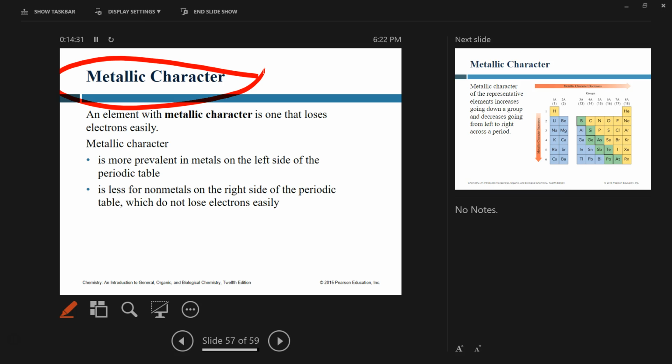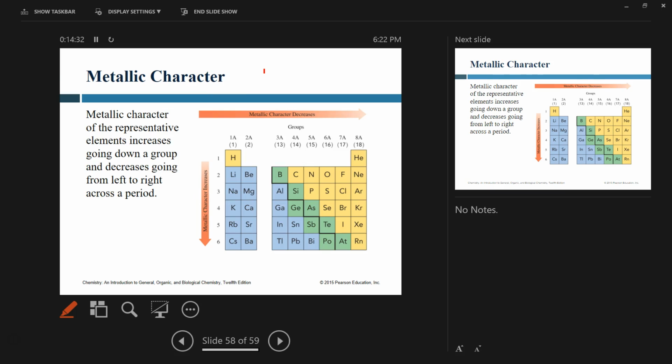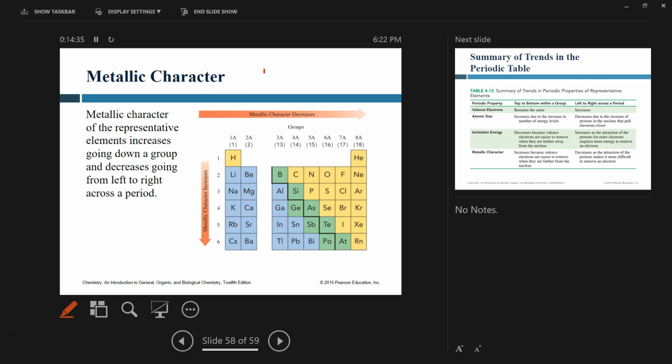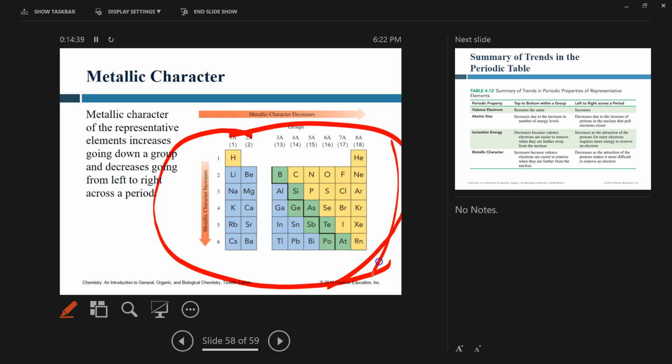Well, now you know which elements in this picture have the lowest ionization energy. Left bottom, yes. Rubidium, cesium, they're going to have the lowest ionization energy, and they're going to lose their electrons most easily.